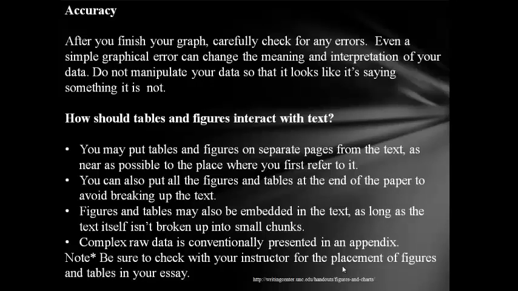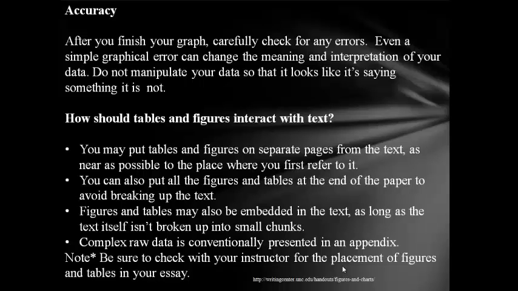How should tables and figures interact with text? Number 1, you may put tables and figures on separate pages from the text, as near as possible to the place where you first refer to it. You can also put all the figures and tables at the end of the paper to avoid breaking up the text.